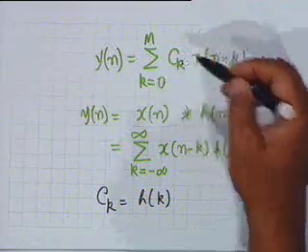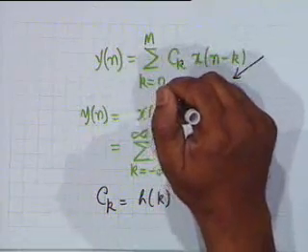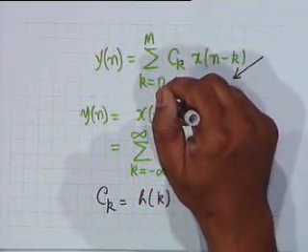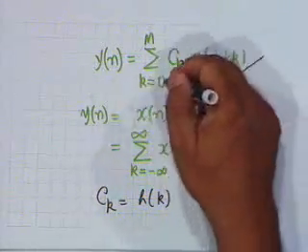Not only that, since ck's exist only for capital M plus 1 values, from k equal to 0 to M, the impulse response is finite. In the general equation, hk, k goes from minus infinity to plus infinity, so it is an infinite impulse response.